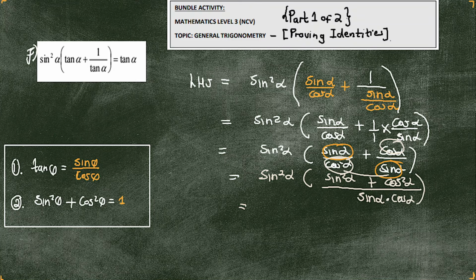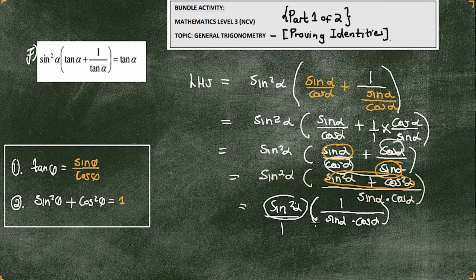Close the bracket. I see an identity, the identity of 1. So we're going to change that to a 1. It's going to be 1 over sine alpha cos alpha. Whatever is inside the bracket is a fraction. So I'm going to divide this by 1, because the brackets are saying multiply this fraction with the sine squared. So I'm changing this to a fraction.